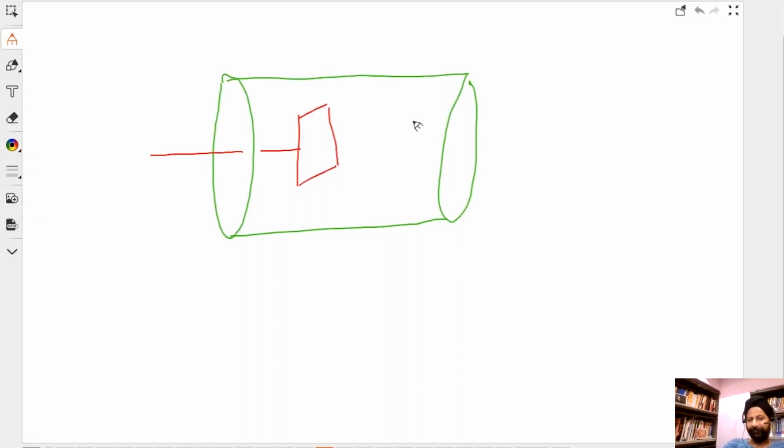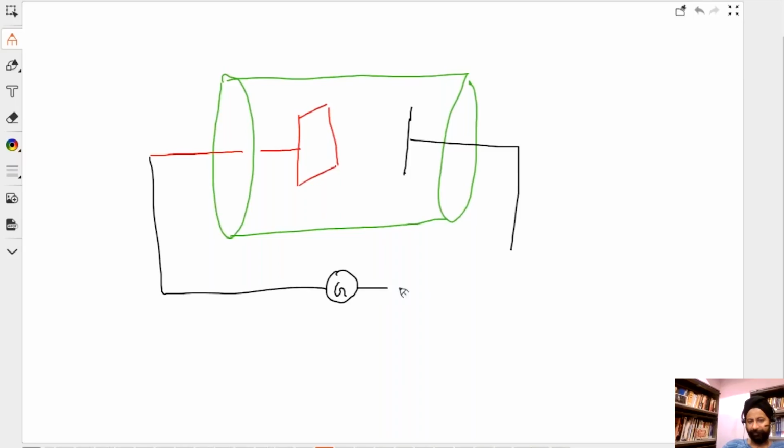Now on the other side we have some plate, and I'm connecting this, and maybe I'll connect a galvanometer here to measure all this current that goes in. Electrons are released. Please remember, understand this carefully. Electrons are released. Electrons might reach here. If electrons reach here, they are flowing through this.